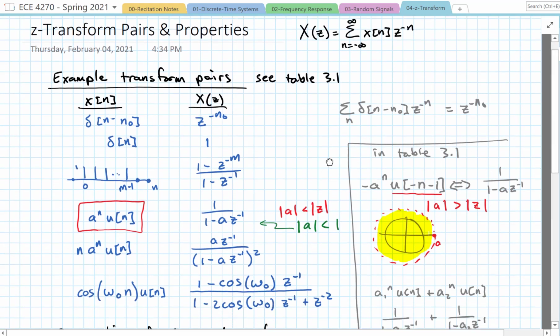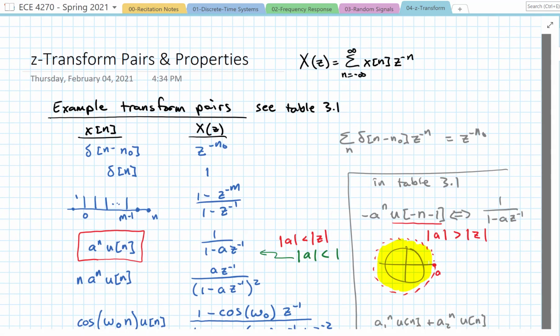Another way to deal with that, and I'll put it up here with the other one, is just to define the unilateral Z-transform, and that is defined from n equals 0 to infinity of x of n z to the minus n.